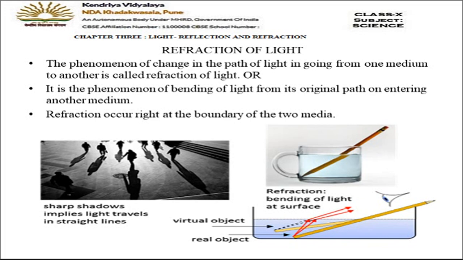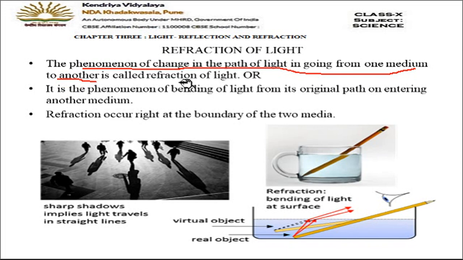The phenomenon of change in the path of light in going from one medium to another is called refraction. In reflection, light was not crossing the medium. It was bouncing back into the same medium with only a change in direction. But in refraction, light passes from one medium to another medium and changes its path.